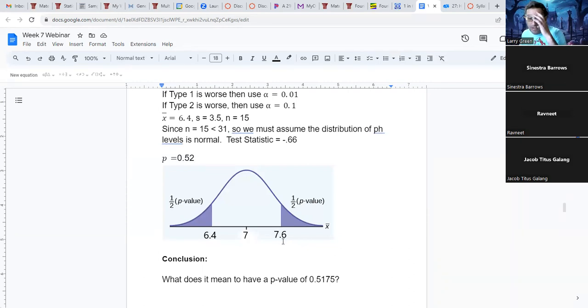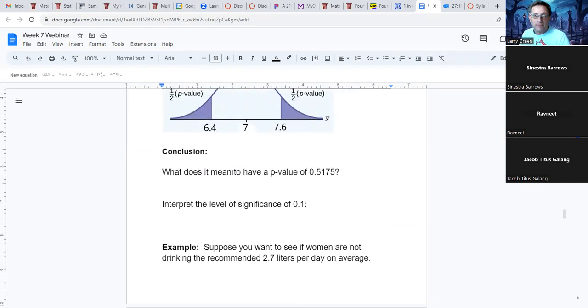Any questions on how I did that math there? If you do 7 minus 6.4, you get 0.6. If you do 7 plus 0.6, you get 7.6. That is the right-hand side of the two-tailed test. So this area plus this area, the left plus the right areas, will give you 0.52.